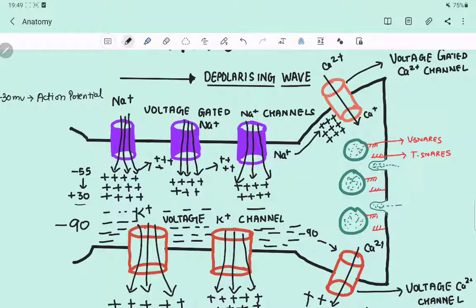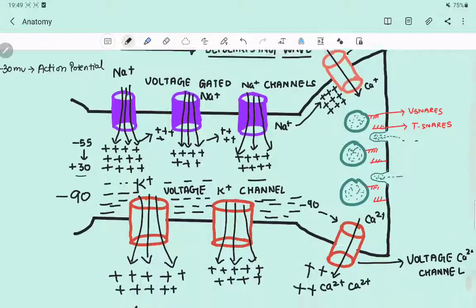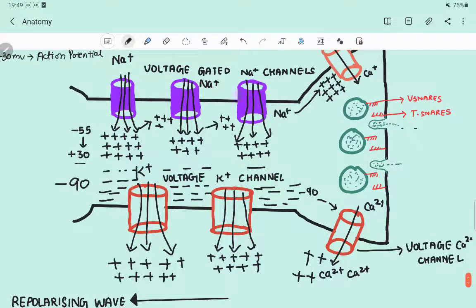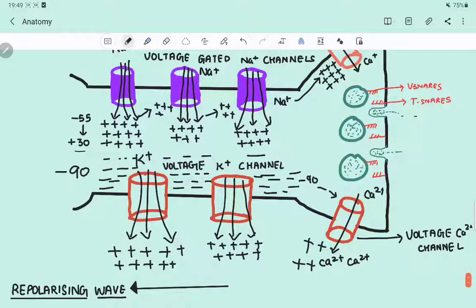Under the high concentration of calcium, they will attach with the T snares which are located on the cell membrane, and eventually they will fuse with the cell membrane of the axon terminal, and the neurotransmitter will be released out. In this way, the V snares and T snares combine together, the synaptic vesicles come closer to the cell membrane and fuse with it, releasing the neurotransmitter out of the cell. Then eventually this neurotransmitter will stimulate the next postsynaptic neuron.